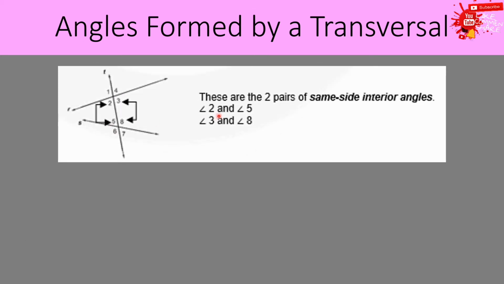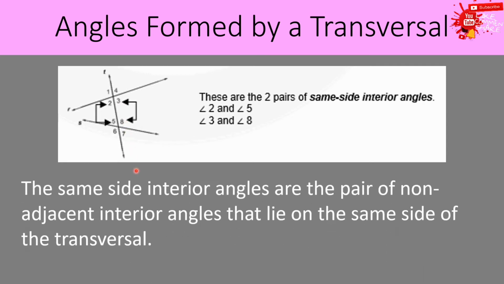Now we also have two pairs of same side interior angles in this figure: angle 2 and angle 5, and angle 3 and angle 8. So what do we mean by same side interior angles? Same side interior angles are pairs of non-adjacent interior angles that lie on the same side of the transversal, inside the two coplanar lines.